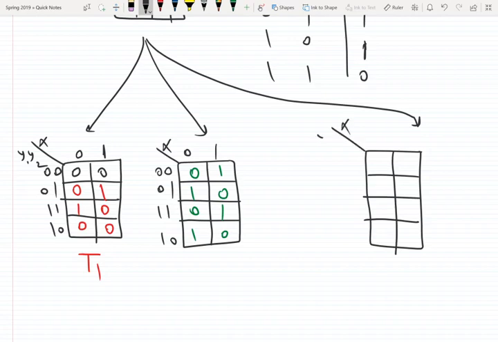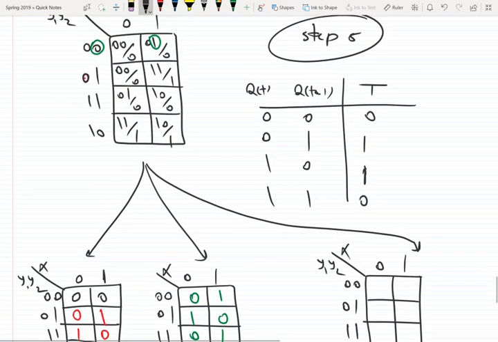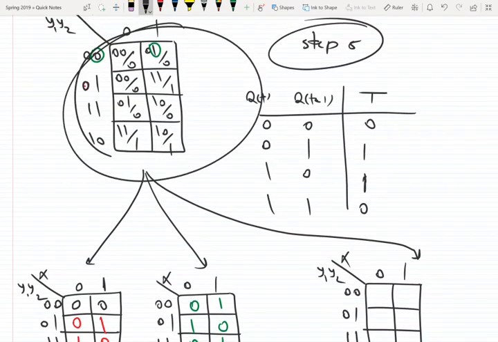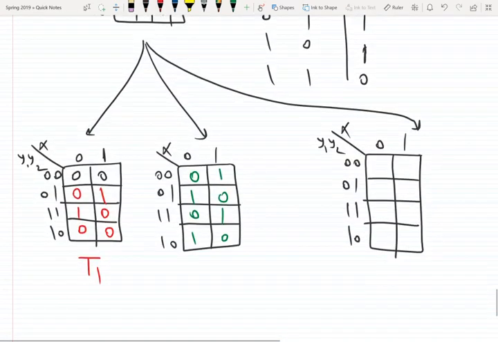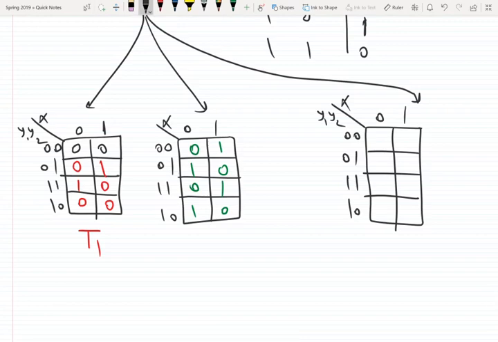It's X, Y1, Y2, 0, 0, 0, 1, 1, 1, 1, 0, 0, 1. We just copy this output from this table and put it in the new table. So we will have 0, 0, 0, 1, 0, 0, 1, 0. So this one is Z.